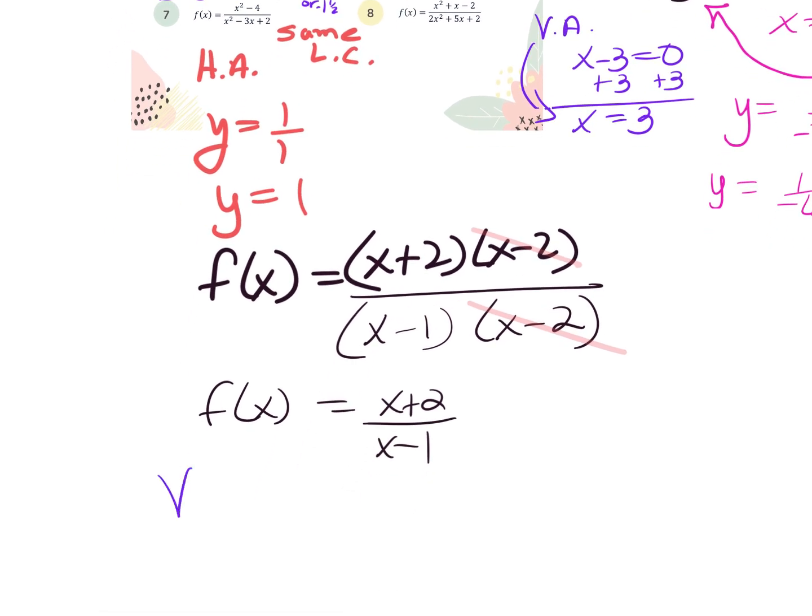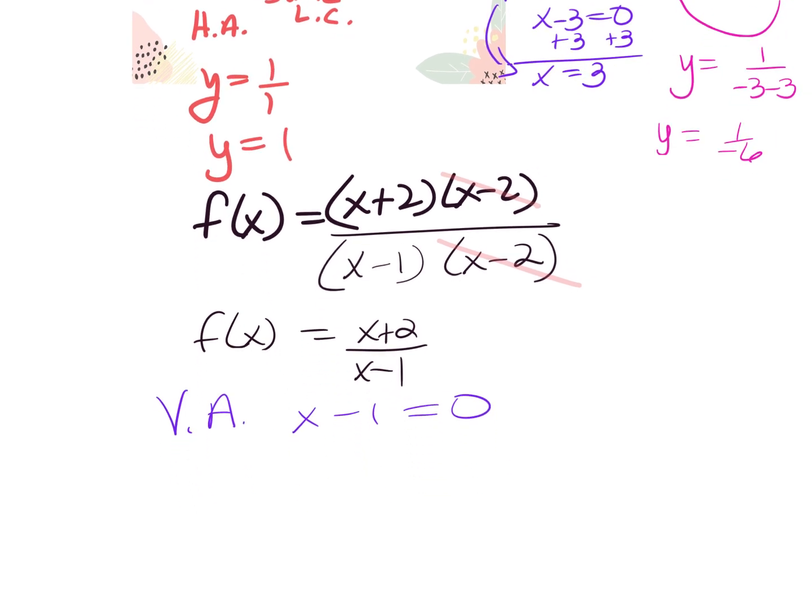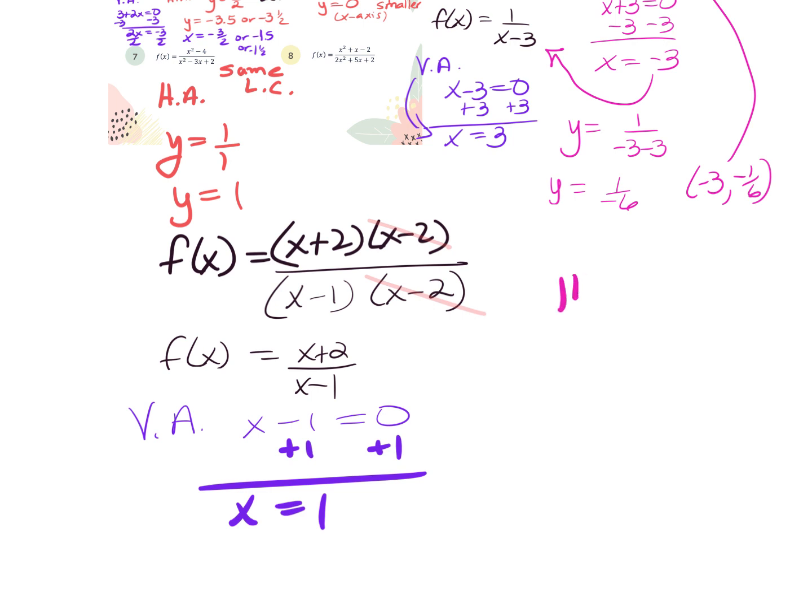So remember, for your vertical, take your denominator, set it equal to 0, add 1. My vertical asymptote is x equals 1. And now what we'll do is find the hole. So for the hole, take the factor you canceled.